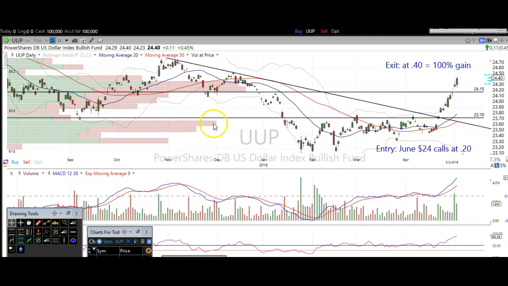We also have this volume point of control that we were coming up to right there, and a break over that would see a really nice breakout. And obviously it did break out really nicely, and that's what we were anticipating, and that's why we entered into the trade. The trade that we took was an options trade here.